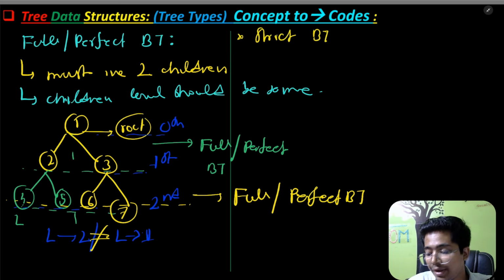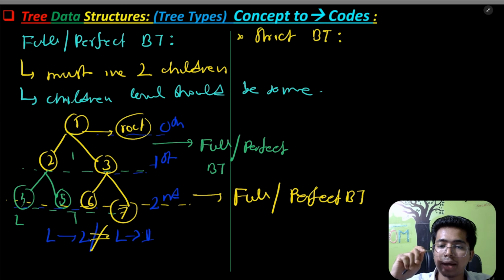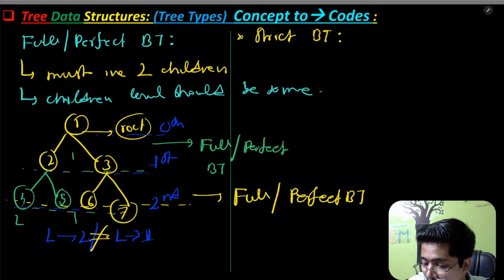The condition of a strict binary tree is that every node should have either 2 children or 0 children. So if we see any tree in which every node has either 2 children or 0 children, then we can call it a strict binary tree.